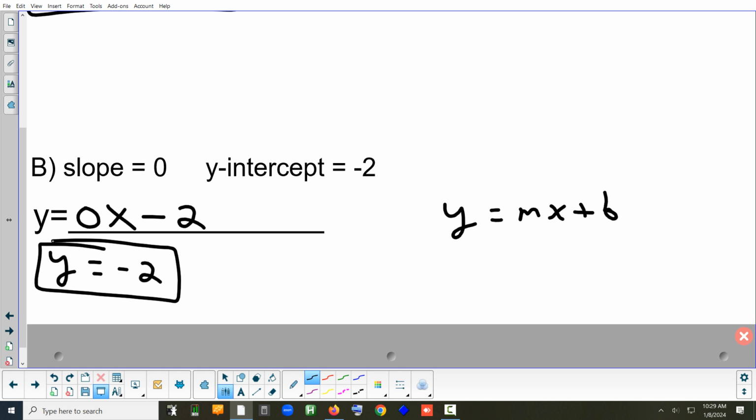Any question on that? So you just take the two numbers they give you and fill them in. The only time you have to do something a little extra is if this is a 0, you can cross it out and just put the -2. If you put 0x minus 2, it wouldn't be wrong, but you don't need to write 0x.